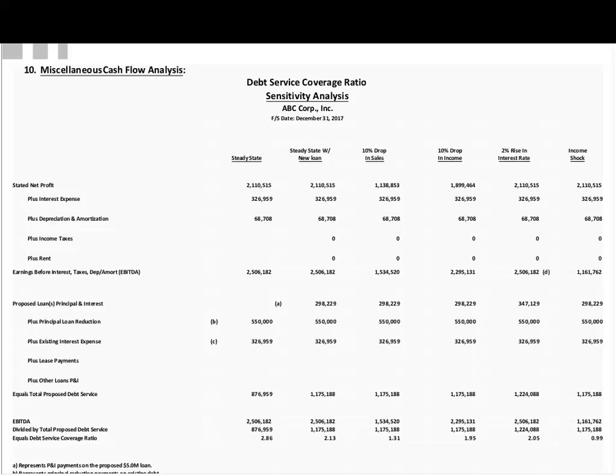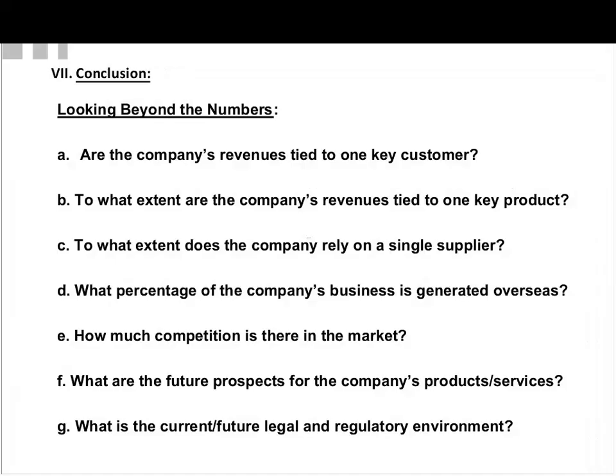It's 1.3 million or 54% drop in the company's cash flow, and it still can break even, including the new debt service, of course. This is a very powerful model, in my opinion. With that, if you'll turn with me to our last page, and we'll conclude the session.